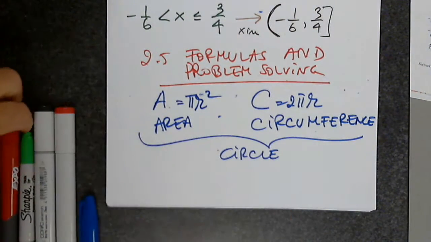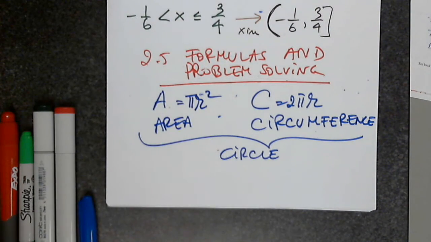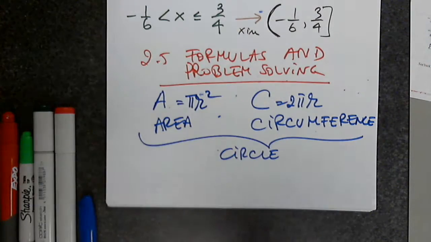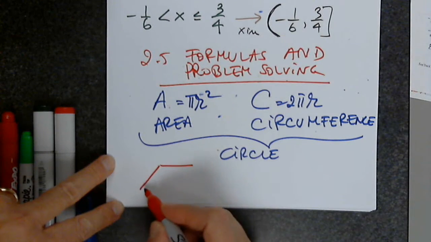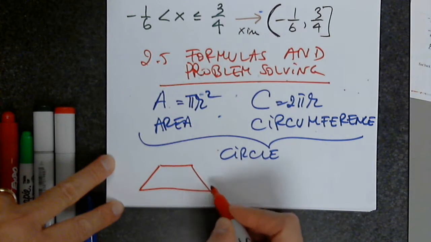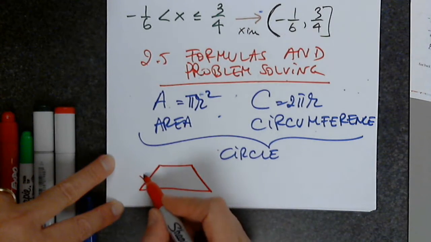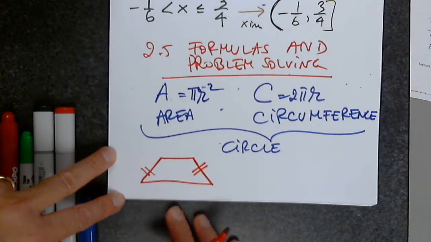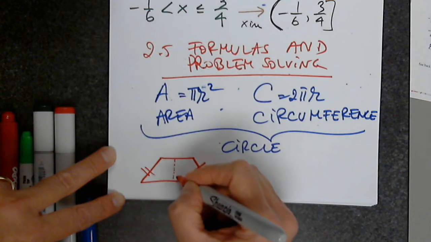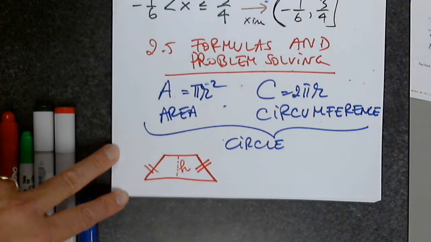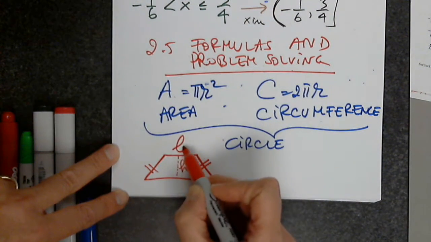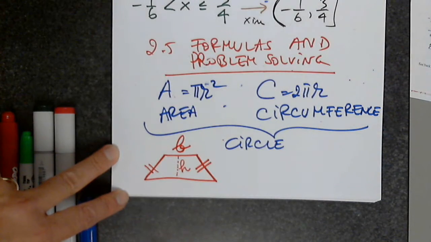Now, in case you forgot, I'll give you the area of a trapezoid. So this is a trapezoid, an isosceles trapezoid. These two sides are equal. Let's say this is the height. This is the length of the small base.